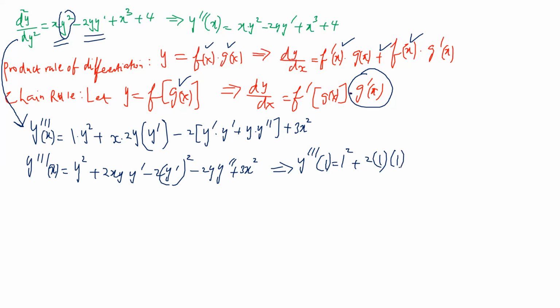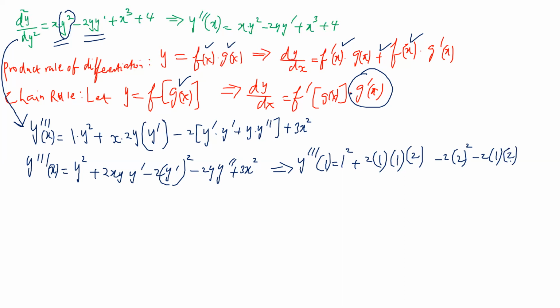Y prime at 1 is equal to 2 from the previous page, minus 2 times y at 1 which is 1 times y double prime. We got that one from the previous, and we just checked that it is 2, no mistake in the arithmetic.